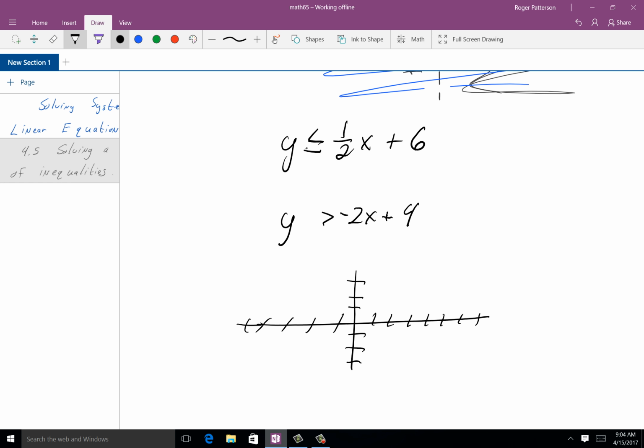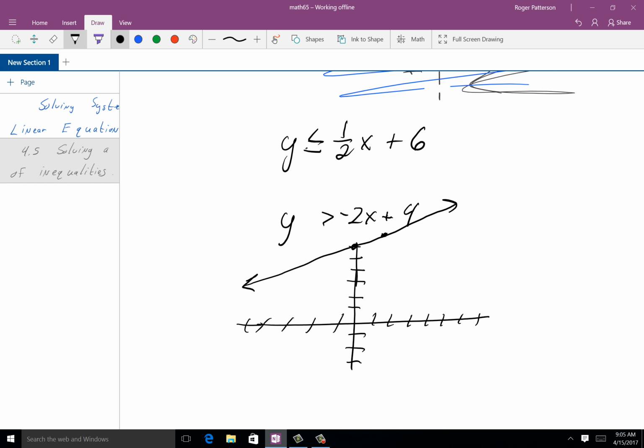I'm going to go to 6, up 1/2. Now this one is less than or equal to, and equal to means it's going to be a solid line, like that.